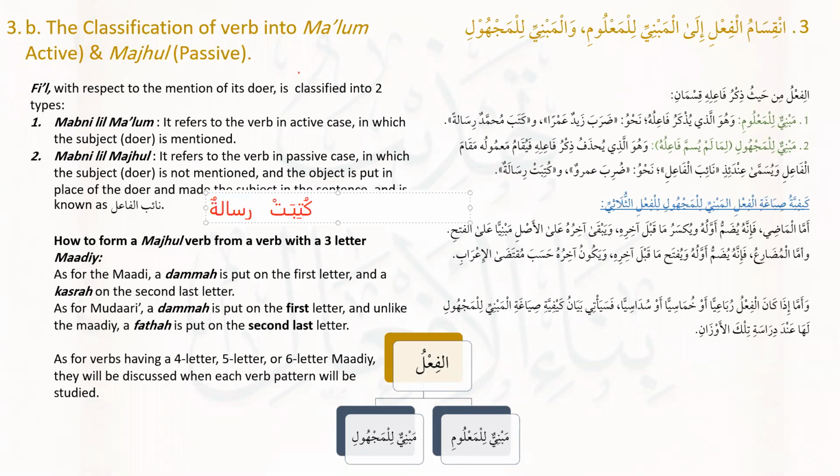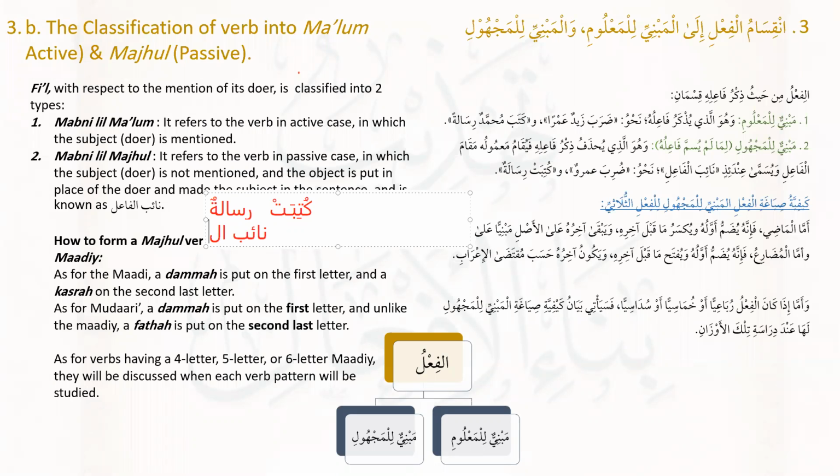Because maf'ul is always mansub. So we come up with a new name for risala. Instead of fa'il and maf'ul, we will call it نائب الفاعل. This is the new term that is given to the risala.